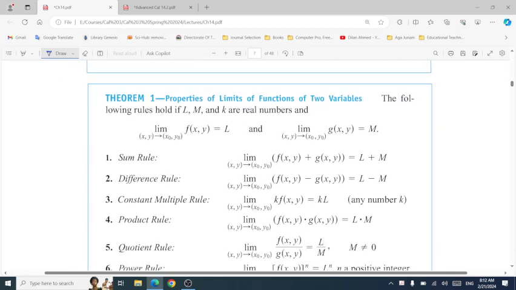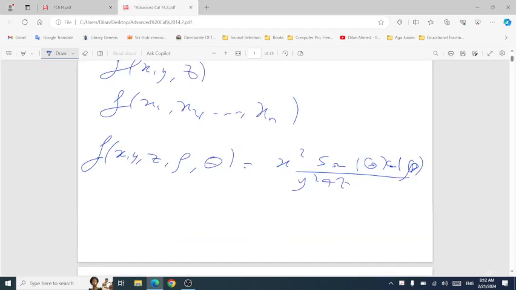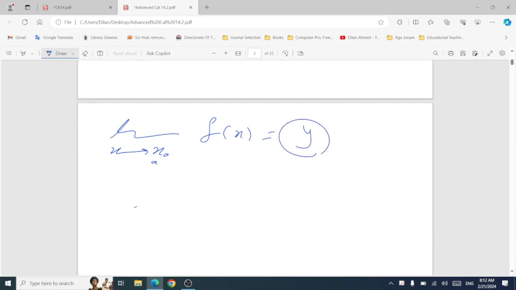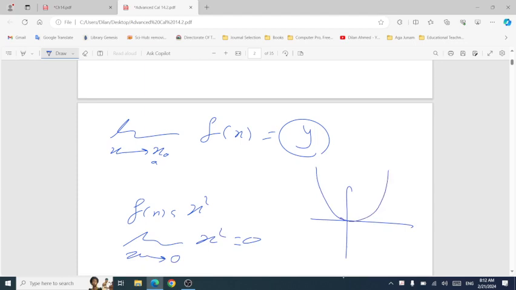Before we start, if you remember, in calculus 1, when you have the limit of a function, you say x approaches x naught, meaning x goes to some number. This one is a number. And for your f of x, you get some result on y. For example, when you say f of x is equal to x squared, when the limit x approaches 0, for x squared I'll get 0. What do I mean by that? This is my function.